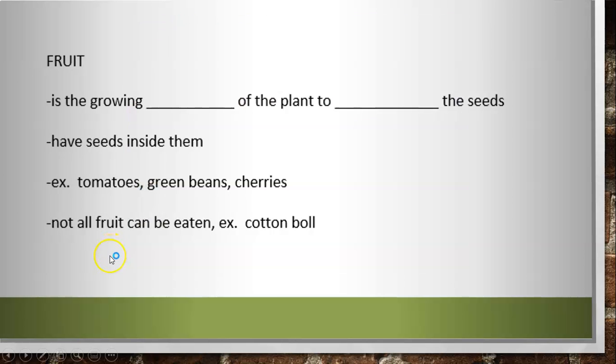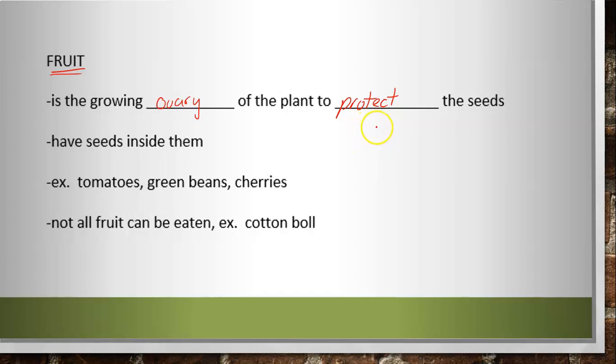Okay, so when that seed forms, sometimes we see a fruit growing around it, which is really just the ovary that grows, and it's there to protect the seeds. They have the seeds inside them, right?